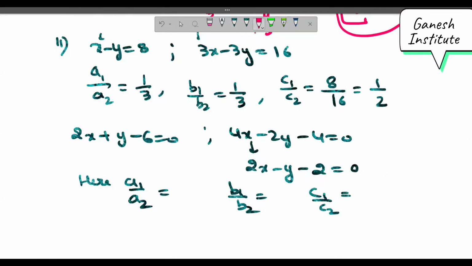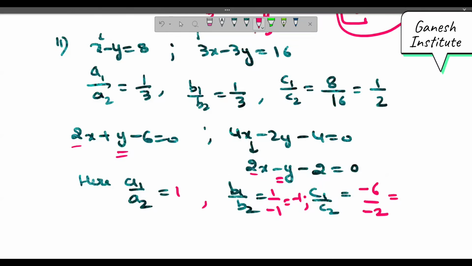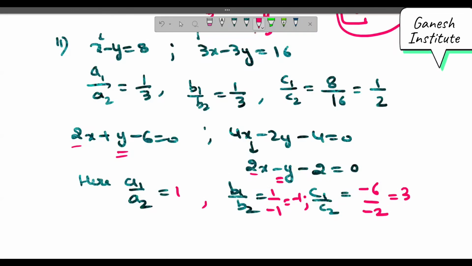That's 2 over 2, or 1. Second one, it is 1 over minus 1, so minus 1. And then it is minus 6 over minus 2, which you could say is 3 over 1, or 3.